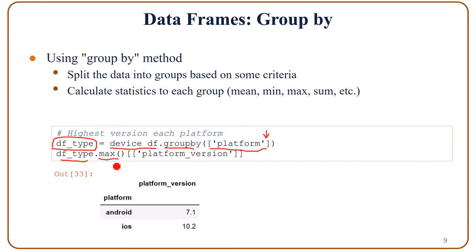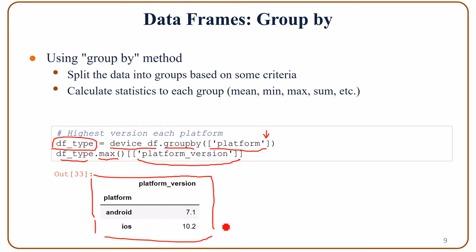This gives you a number of columns, and you can specify the columns that you want to return. In this case, I use just one column. I give it just one column, platform version. So then this is the resulting data frame. There is one column, platform version.